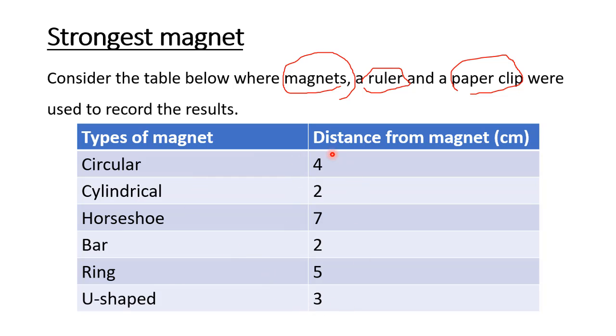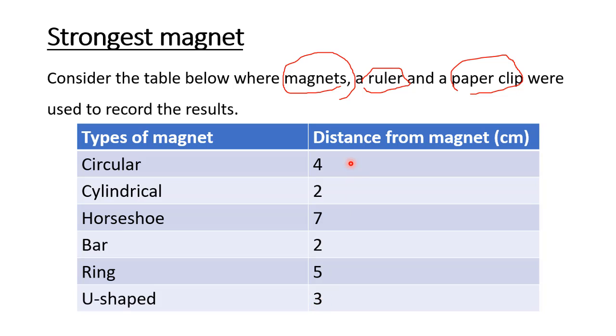These are the values which were collected when some students did a similar experiment. For distance from the magnet, we have for circular 4, cylindrical 2, horseshoe 7, bar 2, ring 5, and U-shaped 3.